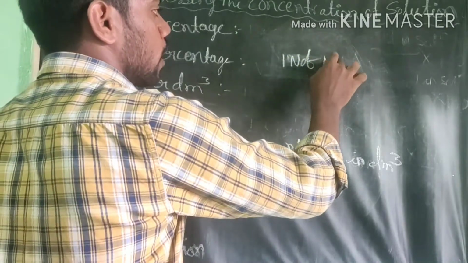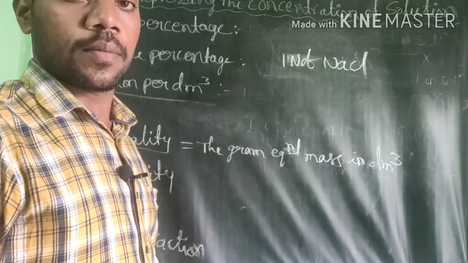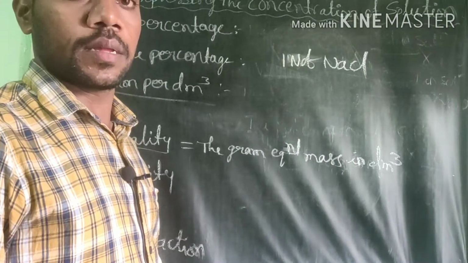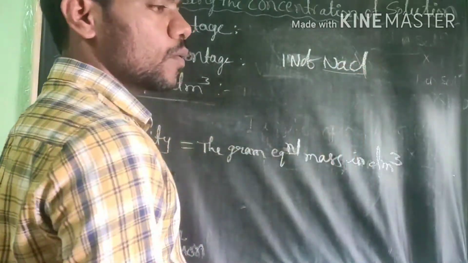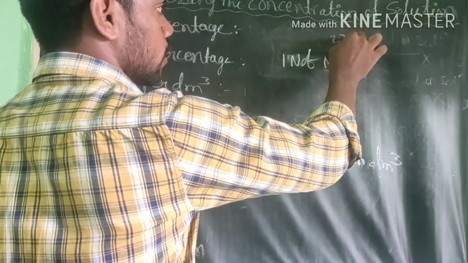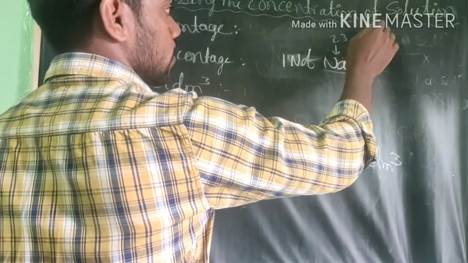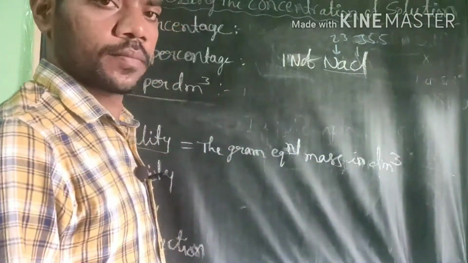For example, 1 normal of sodium chloride. How to prepare 1 normal of sodium chloride? Okay, very important. For sodium chloride, first go for the equivalent mass. What is the equivalent mass of this sodium chloride? This is 23 and this is 35.5, around this.